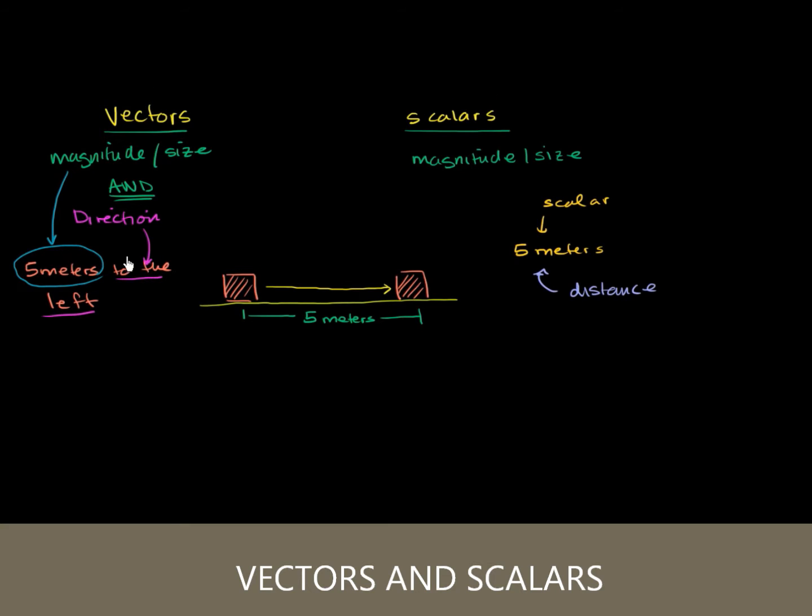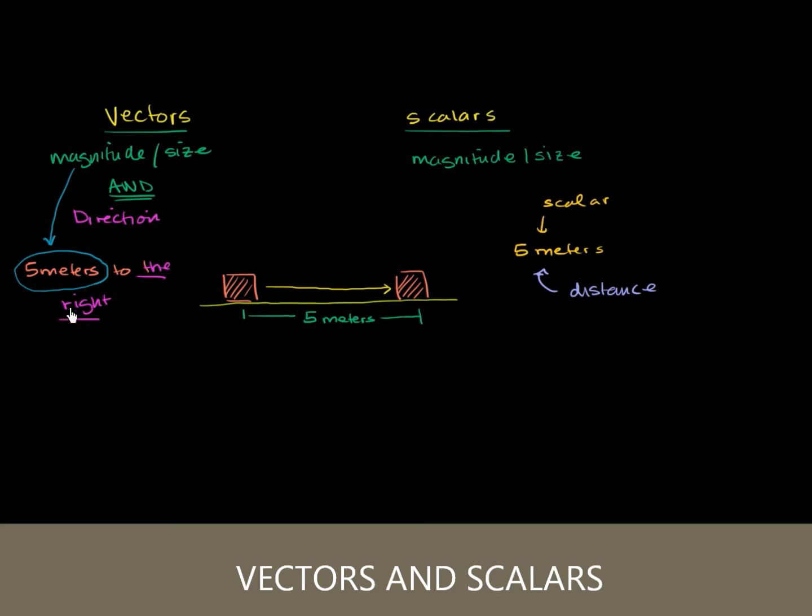Oh, sorry, it should be 5 meters to the right. Let me change that. So it started here, and it went 5 meters to the right. Once again, the magnitude is 5 meters, and the direction is to the right.